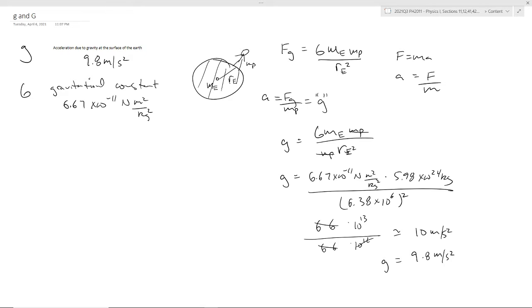But one thing that's interesting about this is that the mass of the Earth, for any spherical distribution like this, behaves as if it were concentrated at a point at the center.